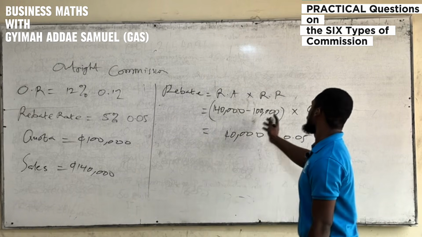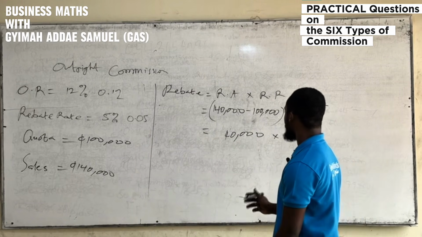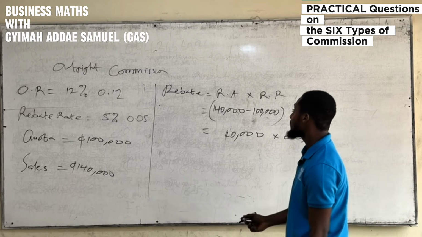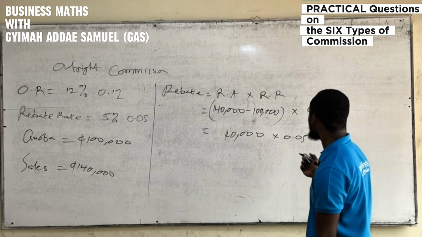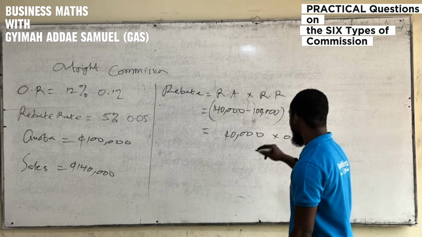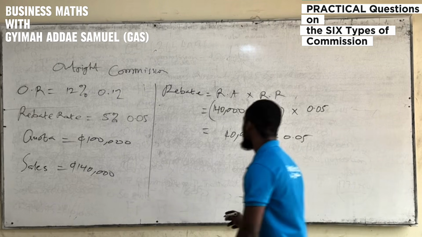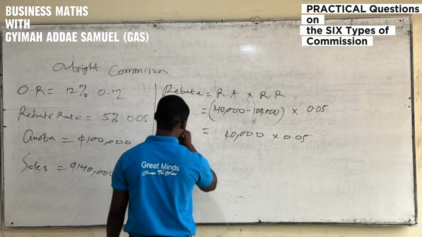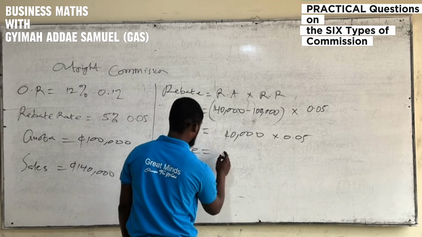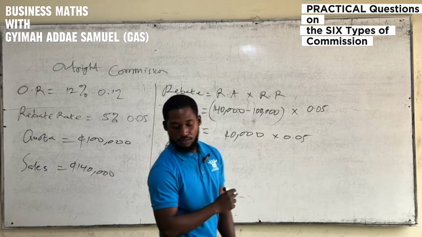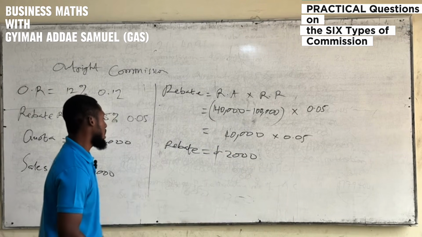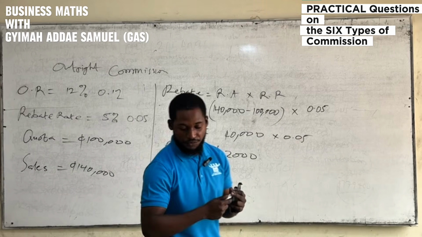When we subtracted 100,000 from 140,000 to get the rebate amount, we had 40,000 Ghana cedis. Then you multiply 0.05, being the rebate rate, by the 40,000 to get your rebate. We are getting 2,000 Ghana cedis as our rebate.